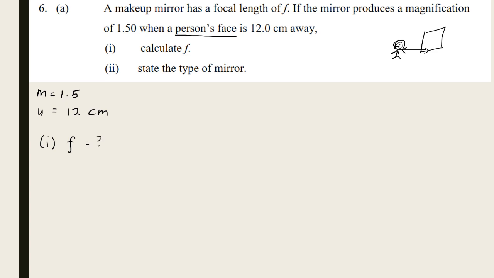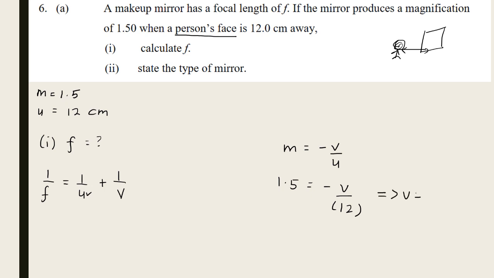After listing down the information, we now have the value of m equals 1.5. So if you want to use the mirror equation, 1 over f equals 1 over u plus 1 over v. We know the value of u, but how about v? Okay, to find v, let's use m equals negative v over u. And m is 1.5, u is 12.